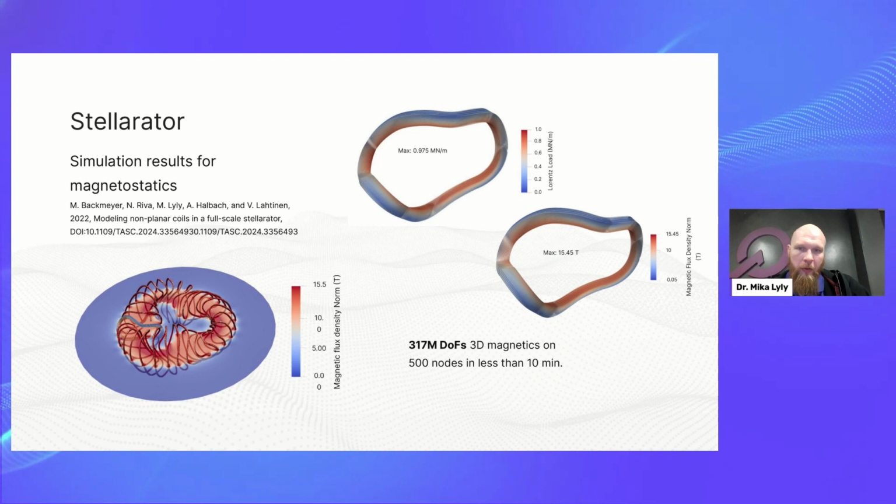And just to give you a picture about the size of the problem, the largest simulation we did was for 317 million unknowns. And this was a static, magnetostatic problem. And with 500 nodes, so the problem was split in 500 pieces, fully solved separately, in less than 10 minutes we got the solution.